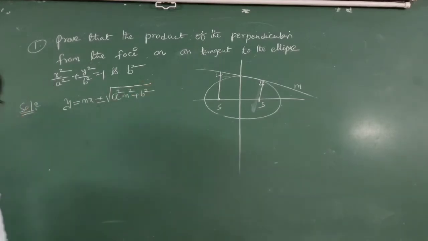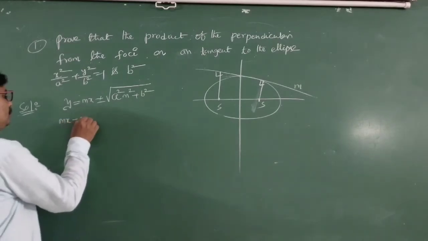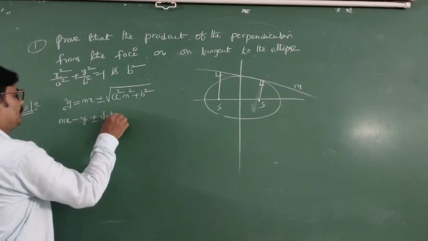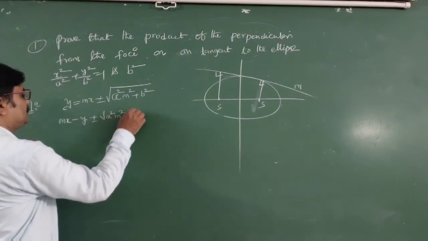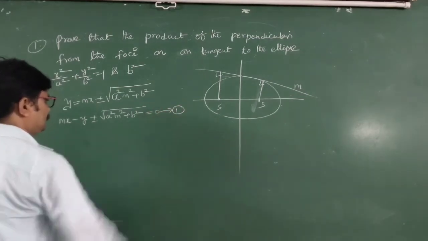We can write it as mx minus y plus or minus the square root of a square m square plus b square equal to 0. This is equation 1.